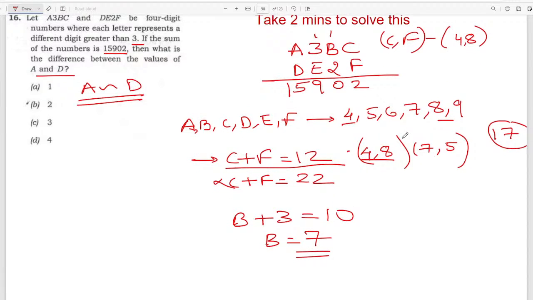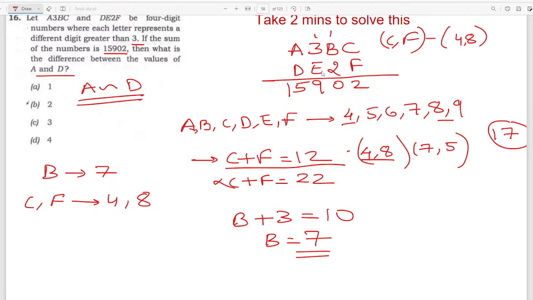Now we have B as 7, and C, F as 4 and 8. And we don't know which number is 4 or which number is 8. And then B is done.